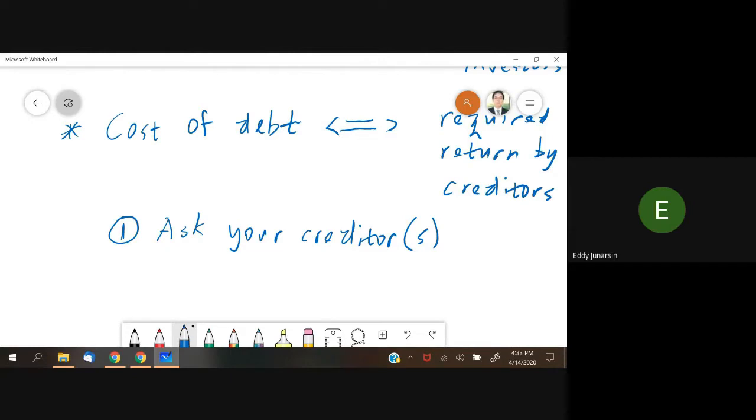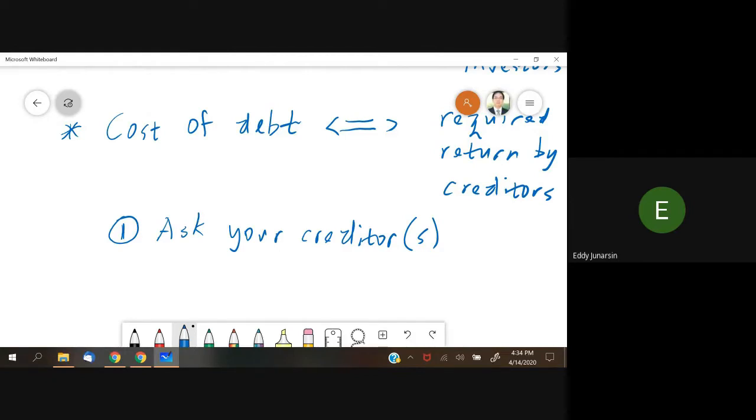Or again, you can try to issue certain types of securities like commercial papers or a series of bonds. And of course, your underwriter or your underwriters will help estimate the coupon rate that has to be offered to your potential buyers. So just ask for a quote, or ask for quotes from many banks. Maybe you can compare, submit your proposal.